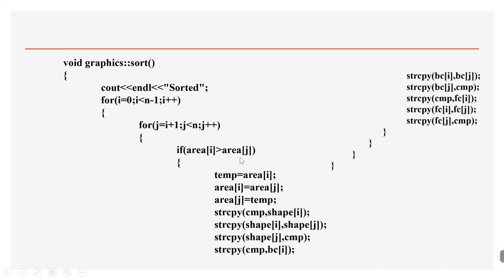Otherwise, keep it as it is. So even if it looks very lengthy, the activity is very simple: area swapping, shape swapping, background color swapping, foreground color swapping. That's all, if the area of i is greater than area of j. Otherwise, you keep it as it is. So this entire function will sort the shapes based on the area.